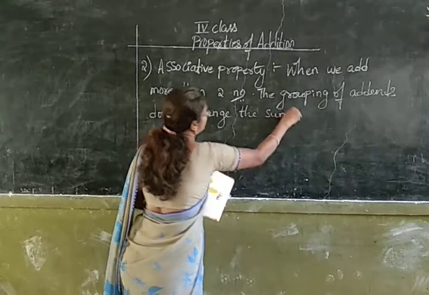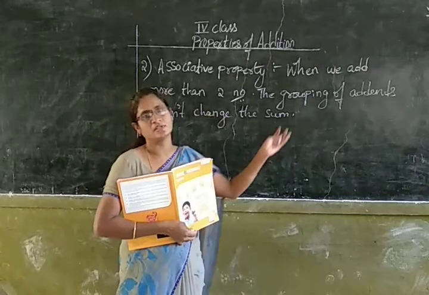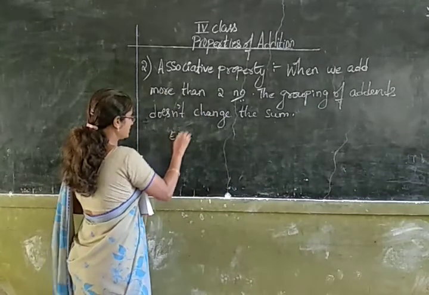Did you understand, children? When we add more than two numbers, the grouping of addends does not change the sum. Let us take a simple example.